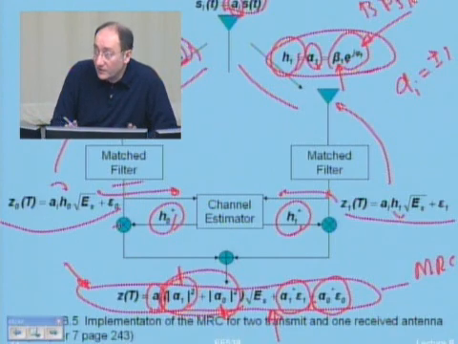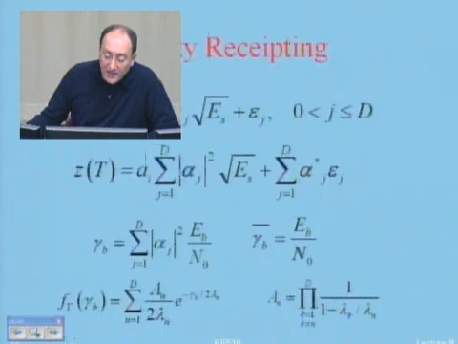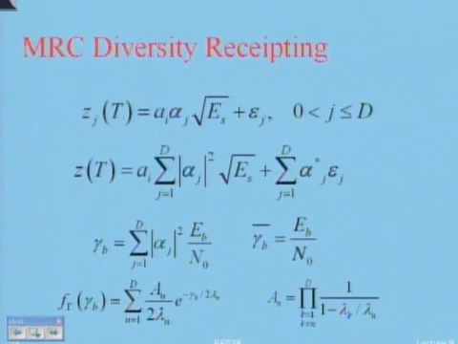Now I want to know what the impact of this is. To know the impact, I have to do something. For example, I have to calculate the error rate or probability of outage. In order to do that, let's come down here and look at the case in a little more mathematical terms.